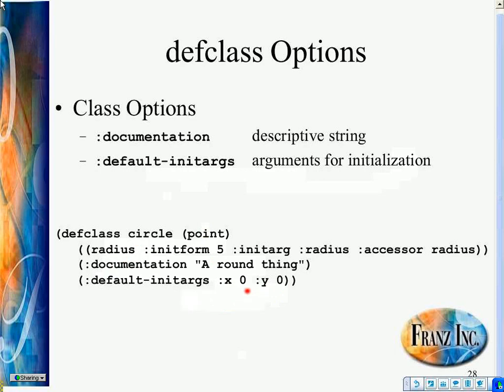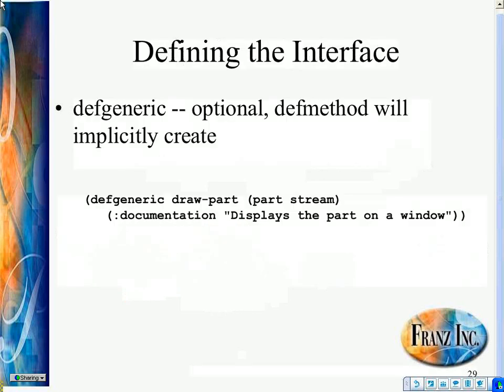And, I'm sorry, the default init args are associated with slots that it's inheriting from its superclass. Point, remember, has slots x and y, and so this is saying that circle has an additional slot called radius, which has the default init form 5, has an init arg :radius, has an accessor called radius, and it's got documentation, "a round thing", just a string, and then it also has default init args, which are giving init args for the slots defined by the point class as being 0, 0.